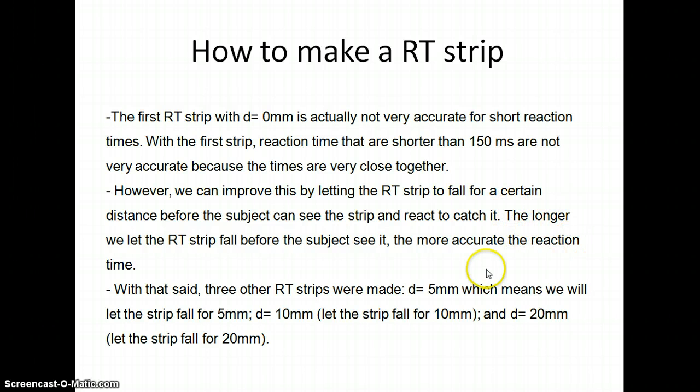The longer we let the RT strip fall before the subject sees it, the more accurate the reaction time. With that said, 3 other RT strips were made: d equals 5 millimeters, which means we let the strip fall for 5 millimeters before, d equals 10 millimeters, and d equals 20 millimeters.